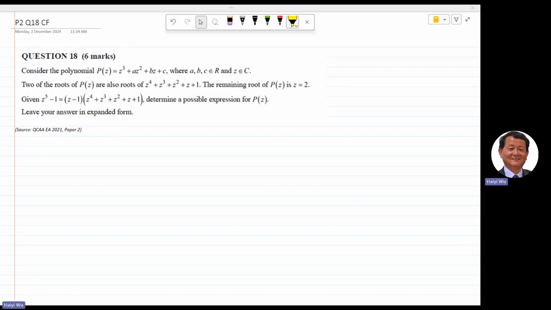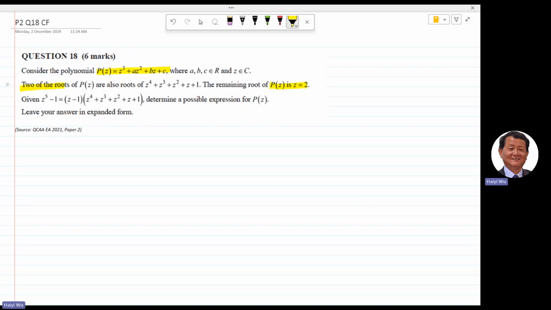So we have the given polynomial function P(z), which is a cubic, with missing a, b, c. But we're given two conditions. The first one is that z equals 2 is a root of P(z).